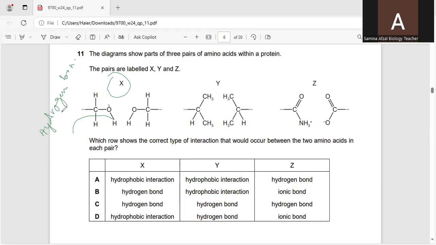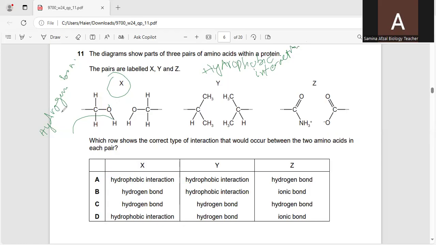So the bond formed between these two amino acids will be hydrophobic interactions. Hydrophobic means water haters.